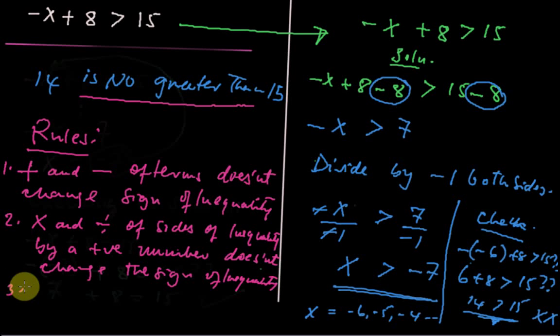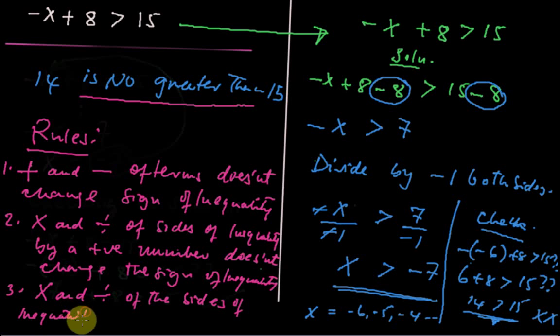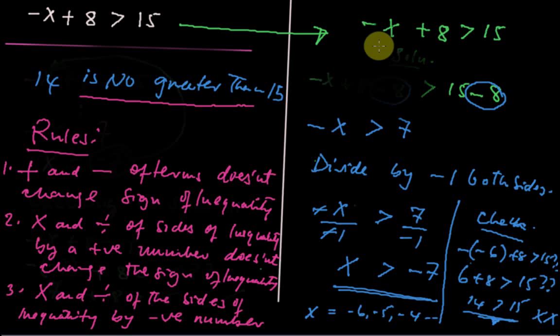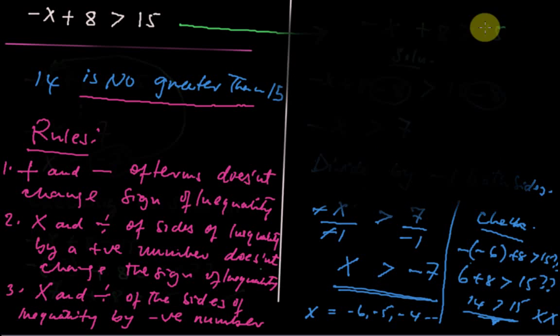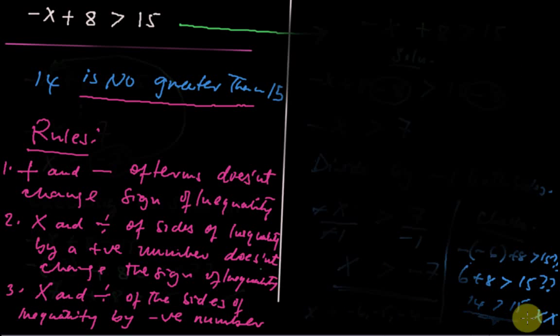I'll go to number three. Number three says that if you multiply or divide the sides of inequality by a negative number, this will result in the change of direction.